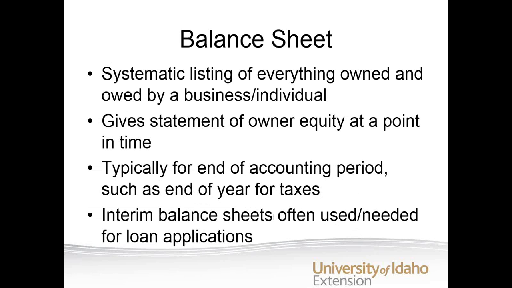The balance sheet gives a listing of everything that is owned by the business. It gives a statement of the owner equity at a certain point in time. Like I said, it's like a snapshot of the business at that particular time.